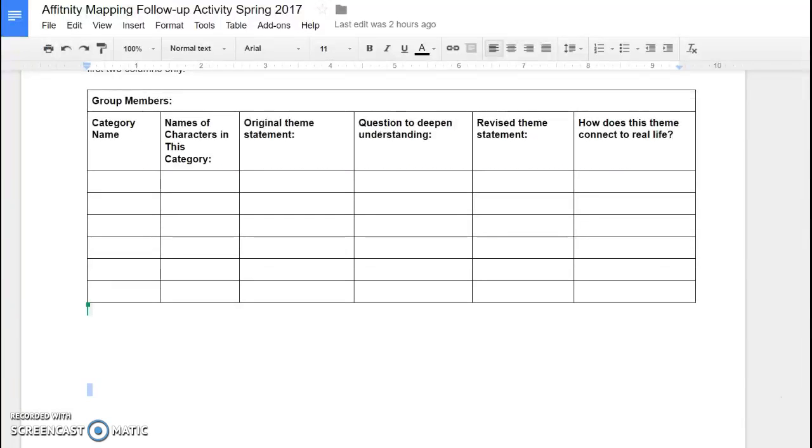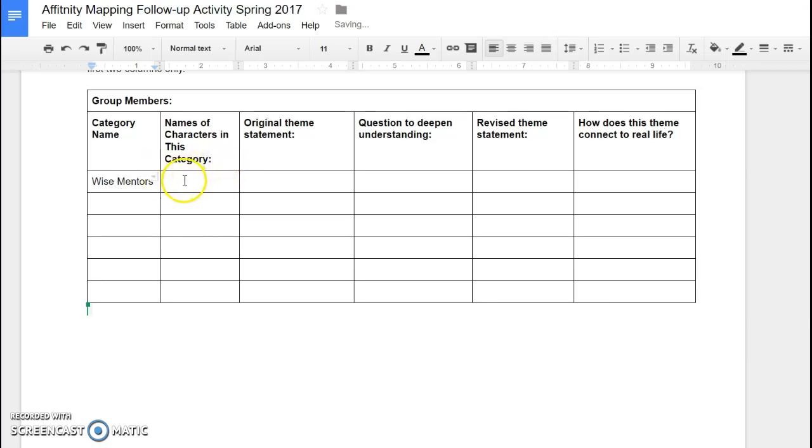So here's the form that you will be making a copy of for your team and sharing with me. And if I were going to fill this out, first of all, I would put my group member names on here, and then I would start with the category names for the categories that we just named, and so those are the slips of paper that are on top of your pile of characters. So for example, just to carry on that previous example, maybe one of my category names is Wise Mentors.